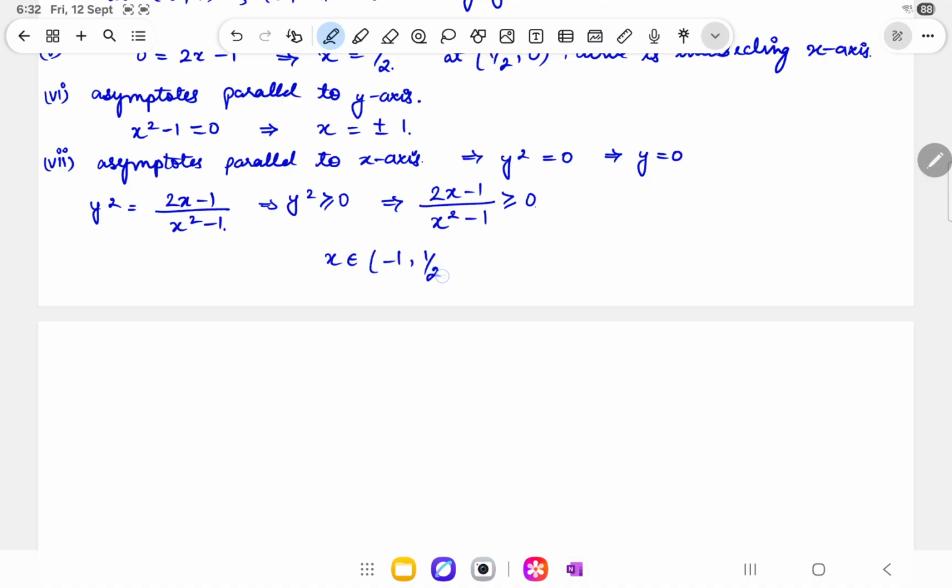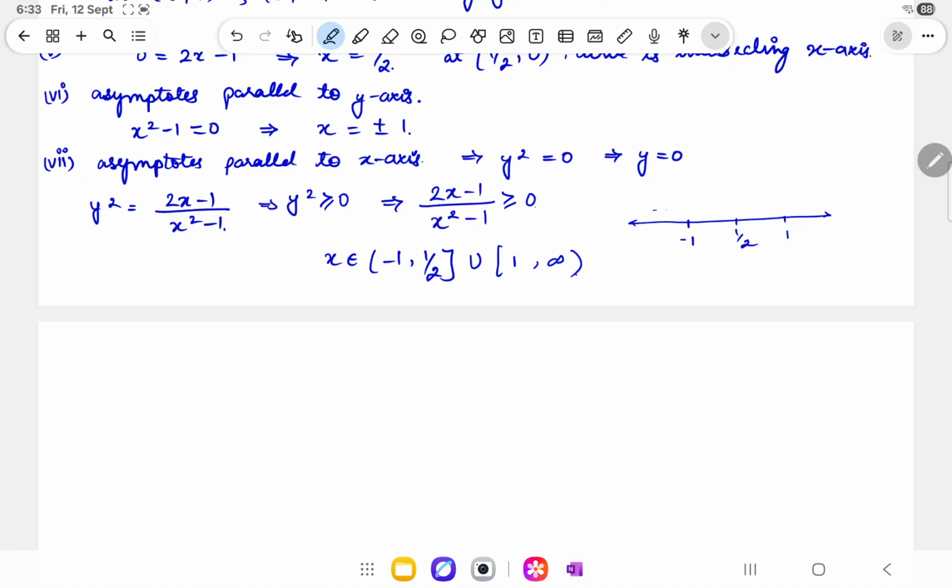minus 1 to 1 by 2 union 1 to infinity. You can check this by plotting the points of discontinuity like minus 1, 1 by 2 and 1, and then you can check the sign of this function, whether it's positive or negative.